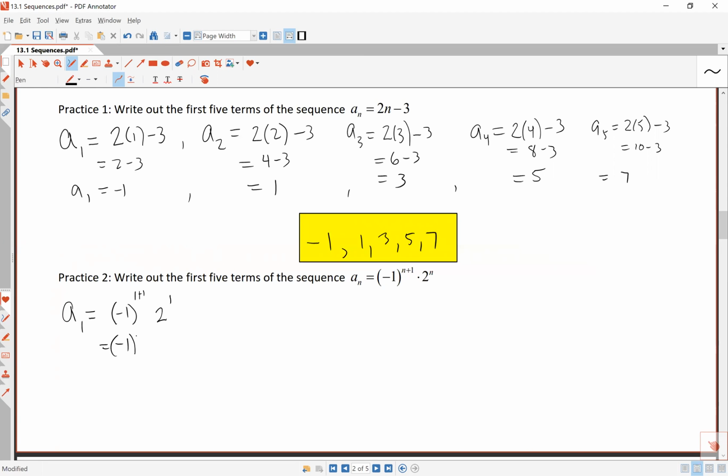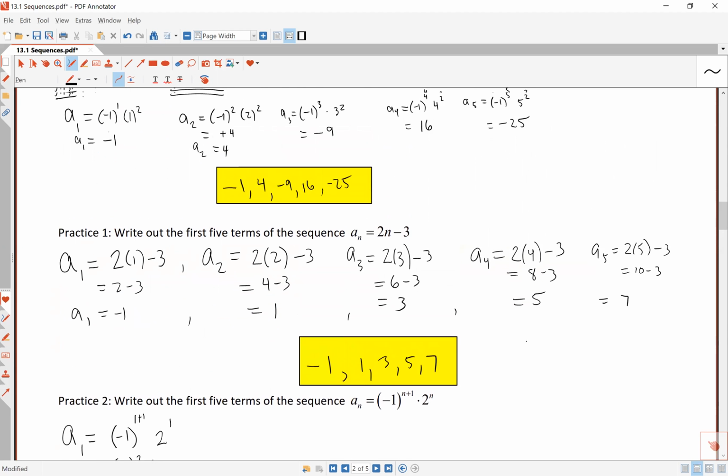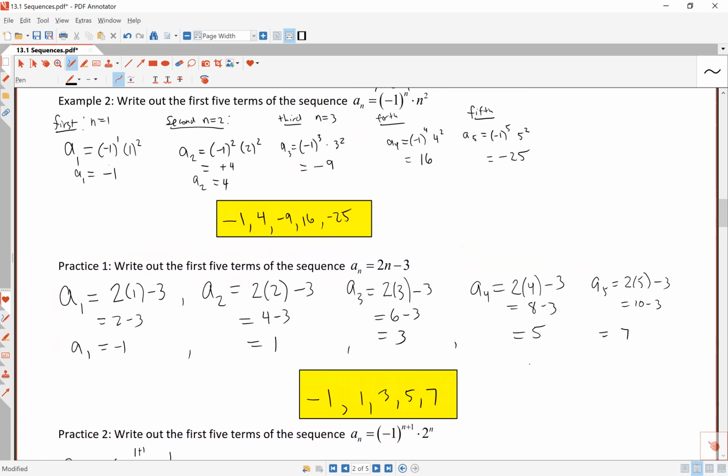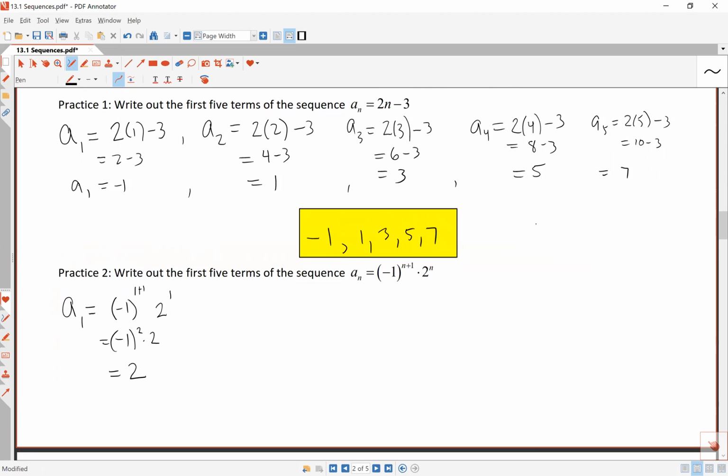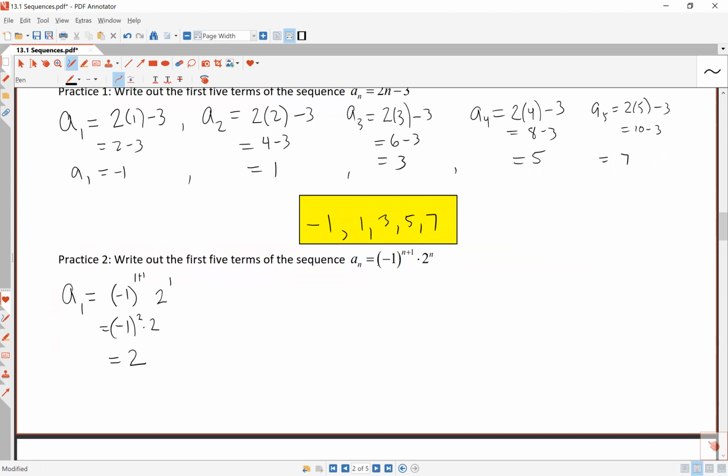That's negative 1 squared times 2, which is just 2. Notice the difference between the negative 1 to the n plus 1 and the negative 1 to the n. The first term was negative. The first term is now positive. This is going to alternate it and make the next ones positive. So the first term is positive.